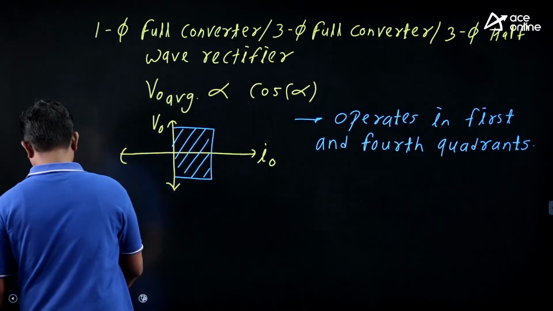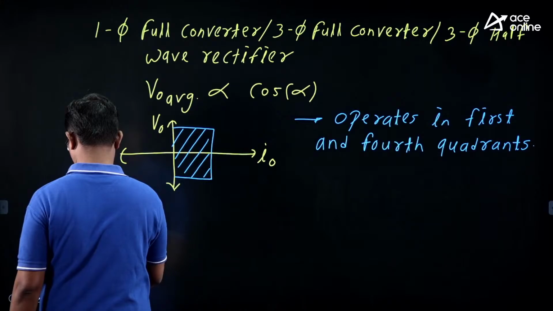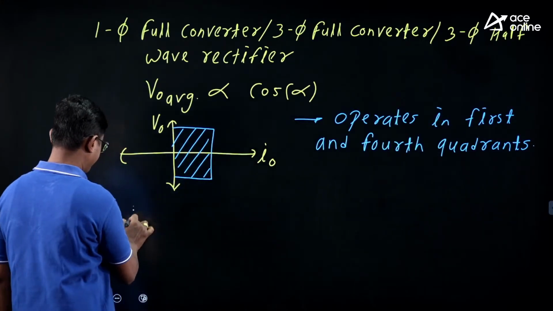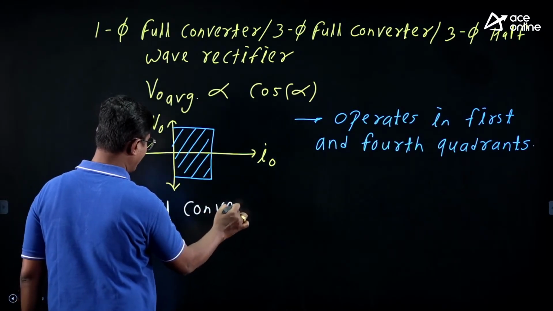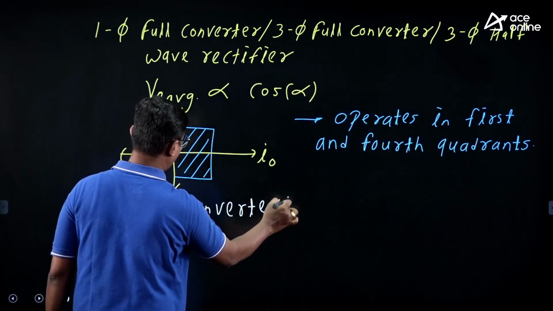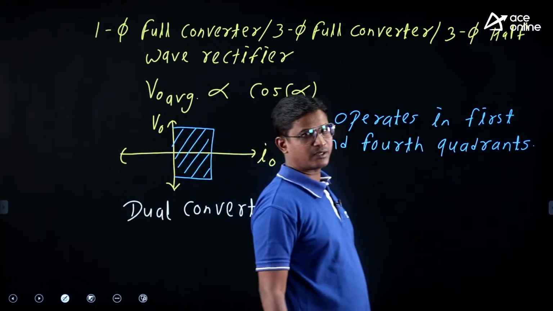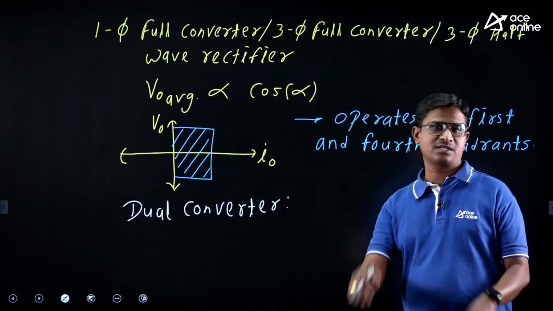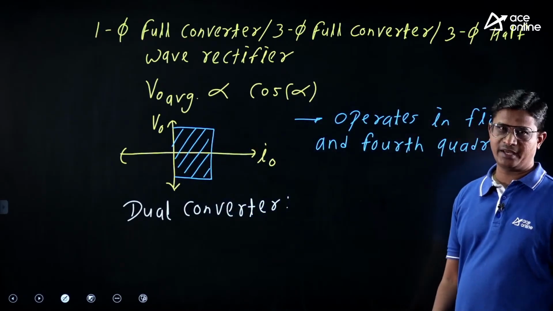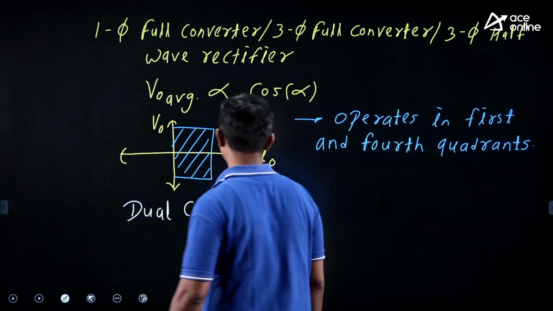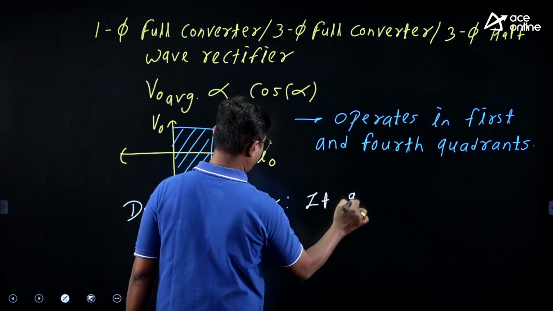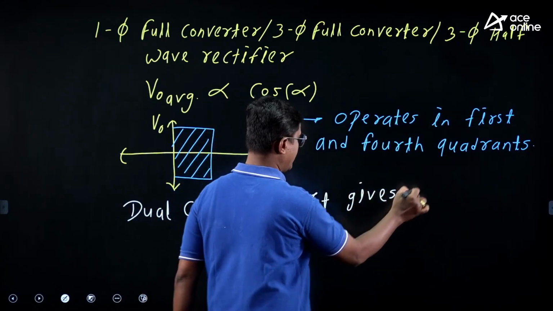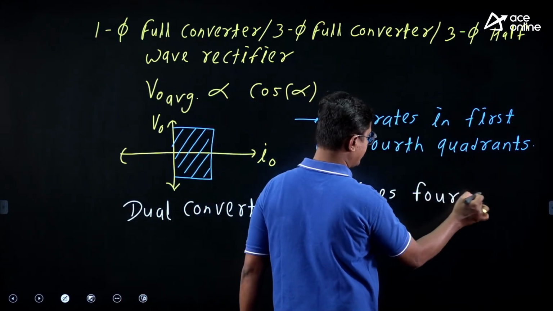Next, dual converter. You might have heard of the dual converter. Dual means two. In a dual converter, two full converters are connected in anti-parallel or back-to-back. Dual converters give four quadrant operation.